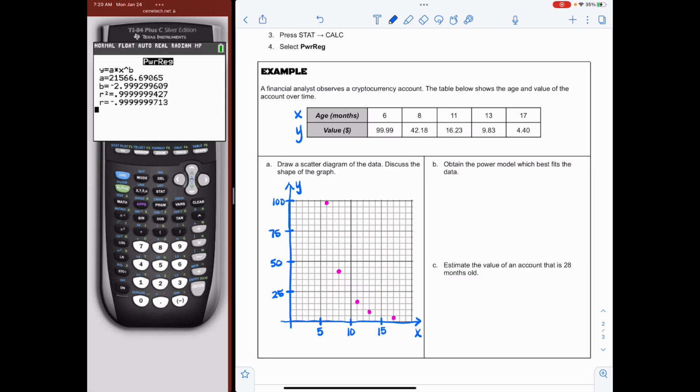And this is what I end up getting here. So it tells me that my equation is in the form of y is equal to a times x to the power of b. And they have told us that a is equal to 21,567.